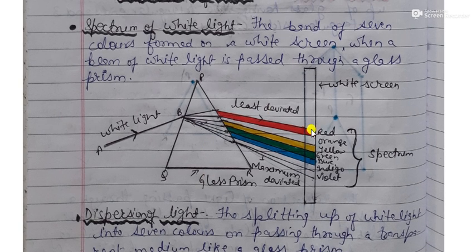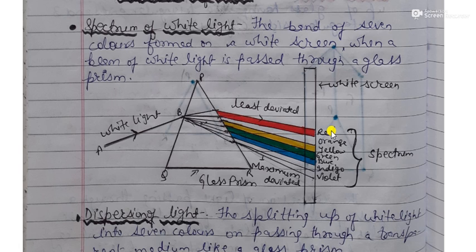And the band of seven colors which is obtained on a screen is known as the spectrum of white light. Okay, students. So in this spectrum, the colors are arranged in the form of VIBGYOR, starting from the below and going upwards. So VIBGYOR is violet, indigo, blue, green, yellow, orange, red.